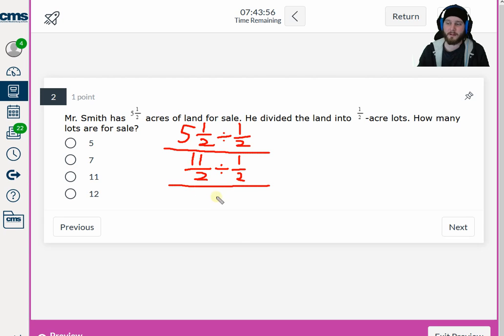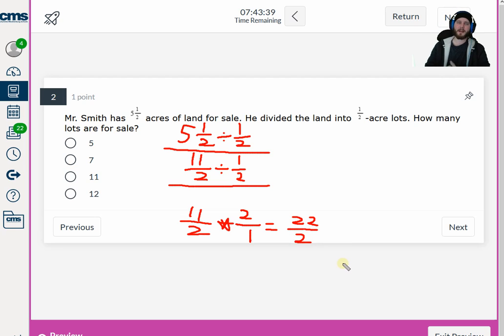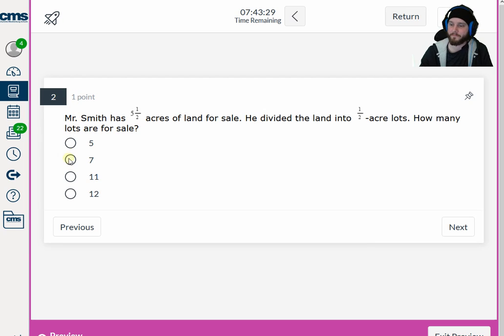Step 3, we rewrite this again, so that it is keep, change, flip, 11 over 2 times 2 over 1. Multiply straight across. 11 times 2 gives me 22. 2 times 1 gives me 2. And my question becomes 22 divided by 2, which is just going to be 11. So for number 2, when we simplify that, that gives me an answer of 11.